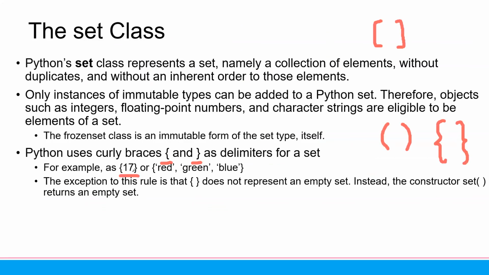So we can put the element inside. The only difference is the first representation or the delimiters. So the exception to this rule is that the empty curly bracket, like this one, does not represent any empty set. So if you want to create an empty set, you need to use set, something like this one, set with the parenthesis.